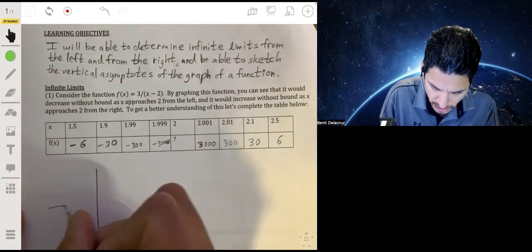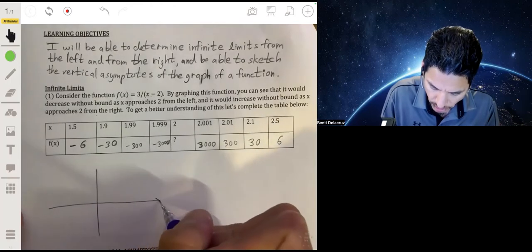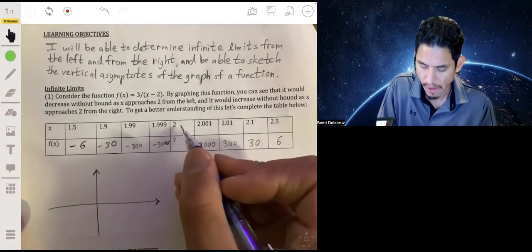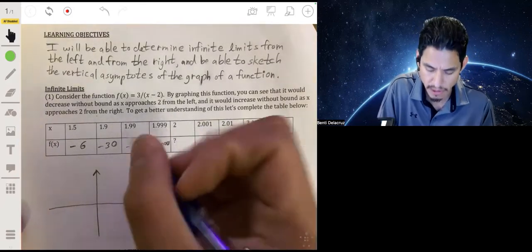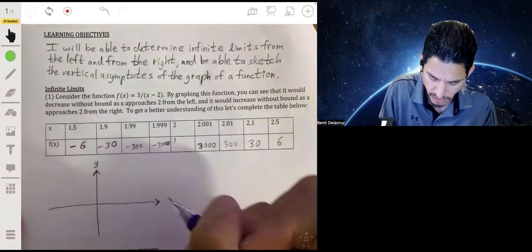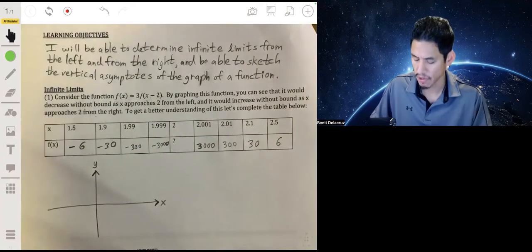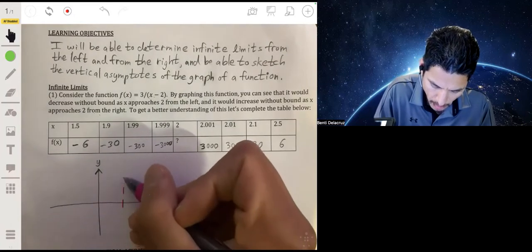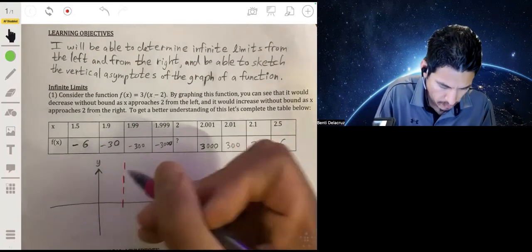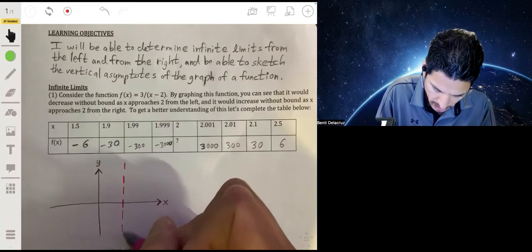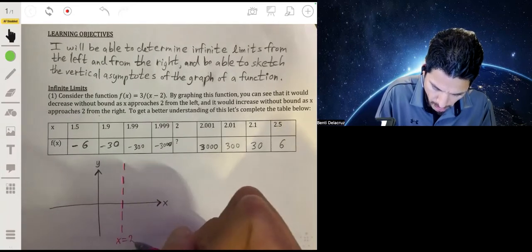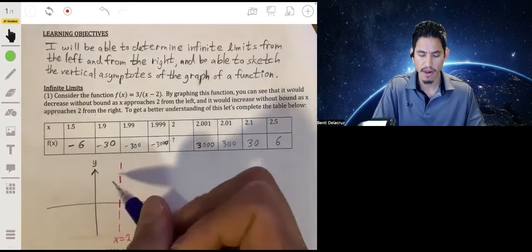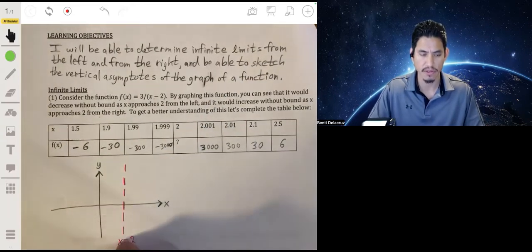you would see that the function has an asymptote with the equation x equals 2 as a vertical asymptote, to be more specific. So remember what a vertical asymptote is: just a vertical line, in this case, x equals 2. And on one side of the vertical line, the function gets infinitely small.